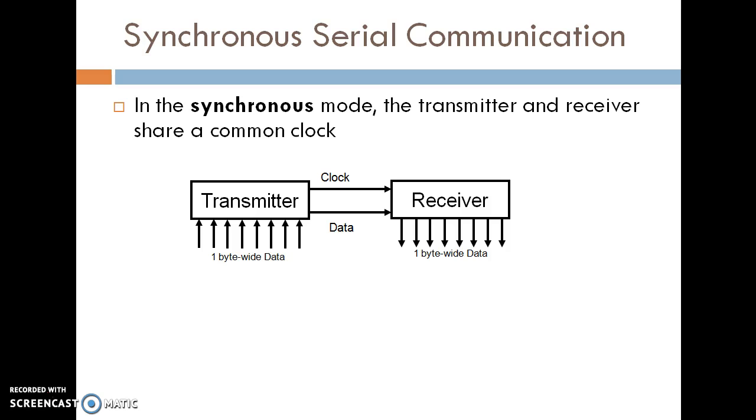It provides the clock as a separate signal. No start, stop or parity bit is added to the data. In the receiver section, it extracts the data using the clock provided by the transmitter. It also converts the serial data back to parallel form.